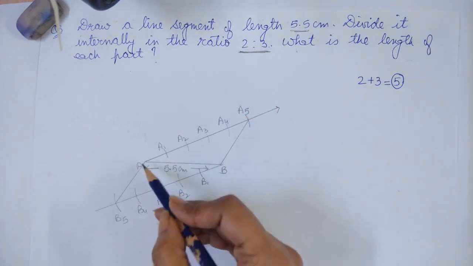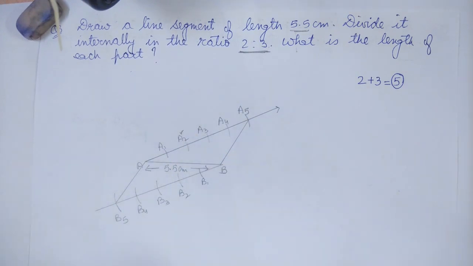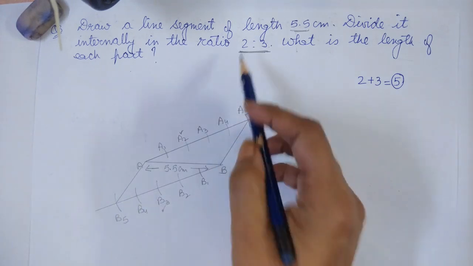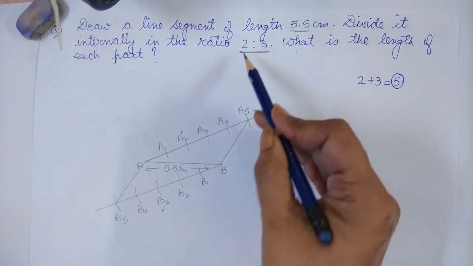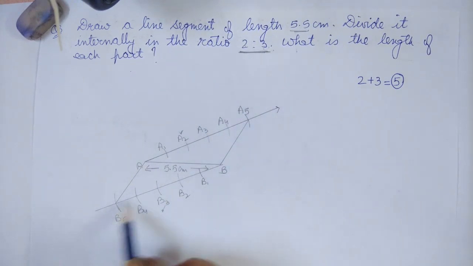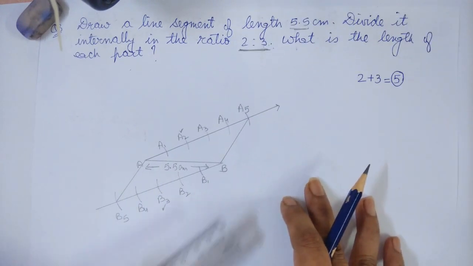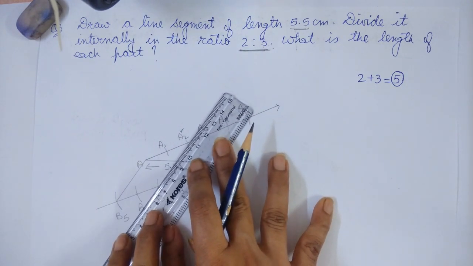From the upper side you will take the second division, and from the lower side, started from this side, you will take the third division. Join these two divisions together.